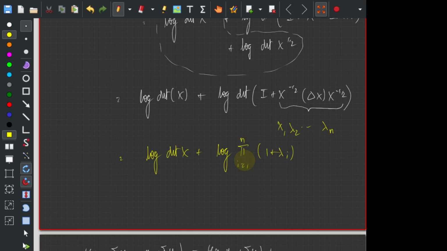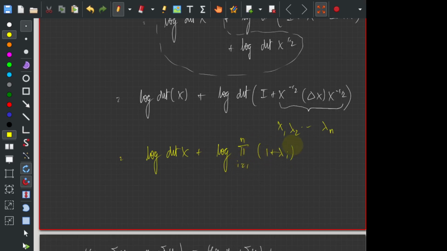As delta x tends to 0, what can you say about the eigenvalues, lambda 1, lambda 2, and so on? They would tend to 0, right? So as delta x tends to 0, this matrix x to the minus half delta x x to the minus half would also tend to 0, correct? So therefore the eigenvalues will also tend to 0, correct?